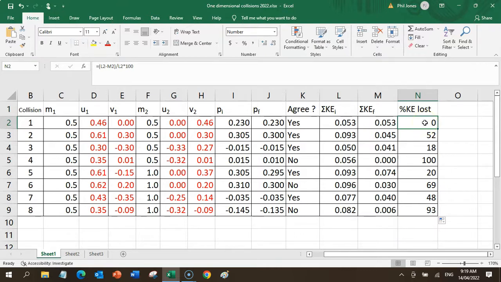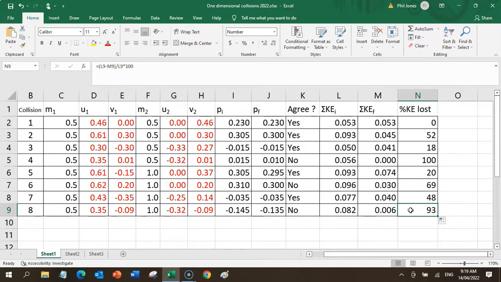Apart from that, what we do notice is how the elastic collisions here of 18, 20, and 48, certainly there is less kinetic energy lost in comparison with the inelastic collision. So here there's just over half, here it's 100%, here almost 70, here close to all kinetic energy lost.